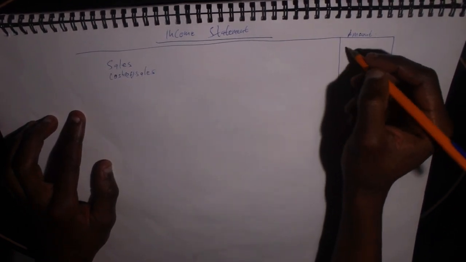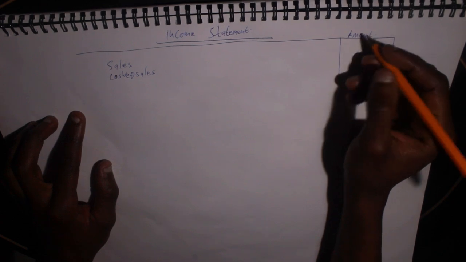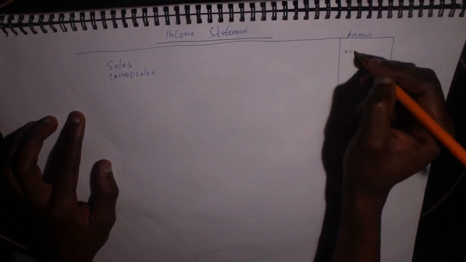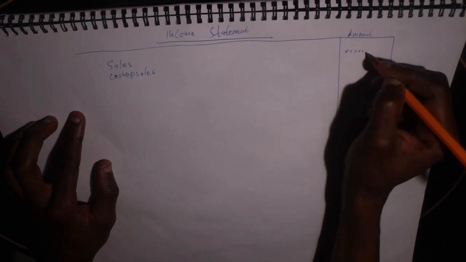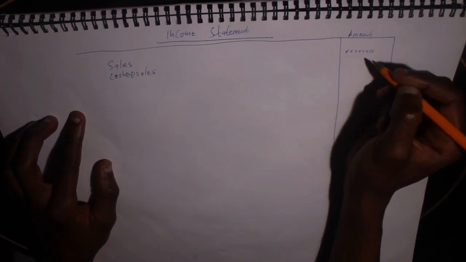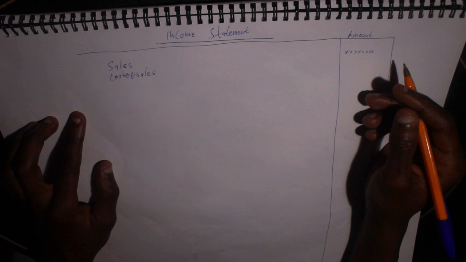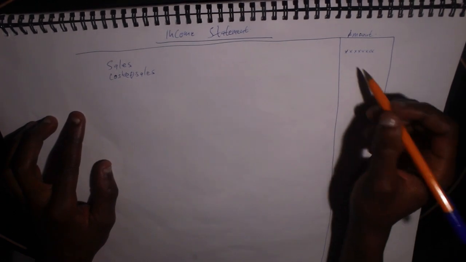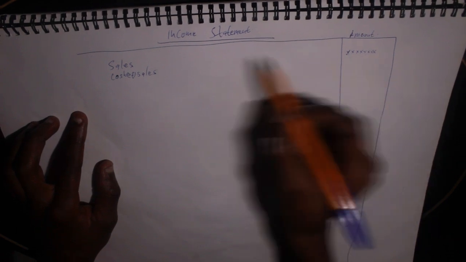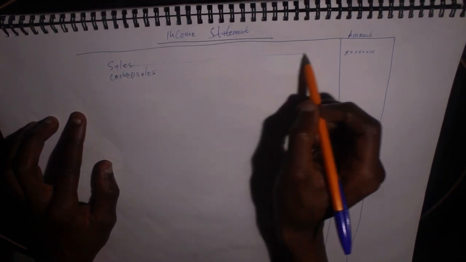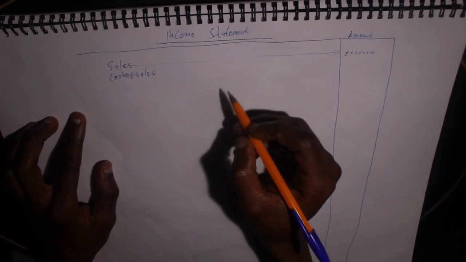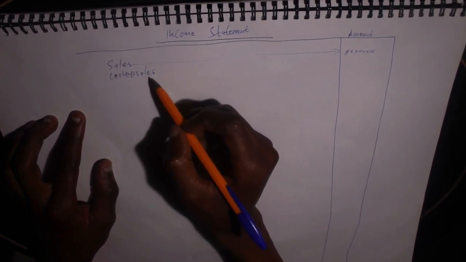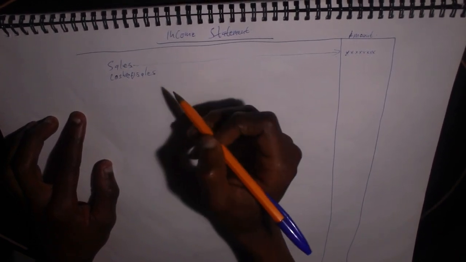Sales is everything that you have sold, the amount or the figures you put here. Let's say your sales amount to 100,000, then you show your sales here. And then cost of sales is basically the cost of what you have sold.